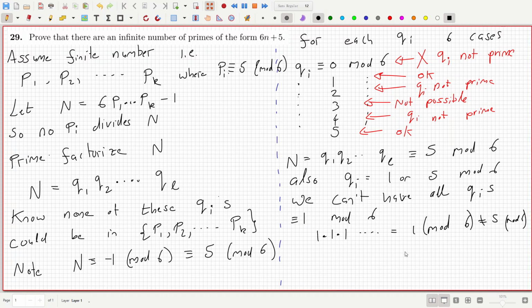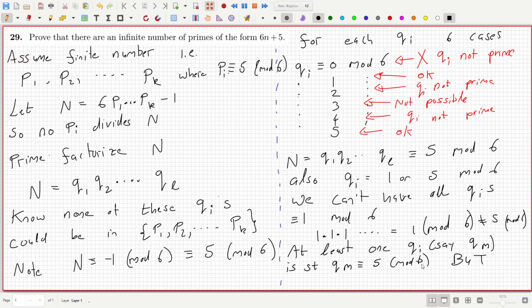So that means that at least one q, let's say qm, is such that qm is 5 mod 6.